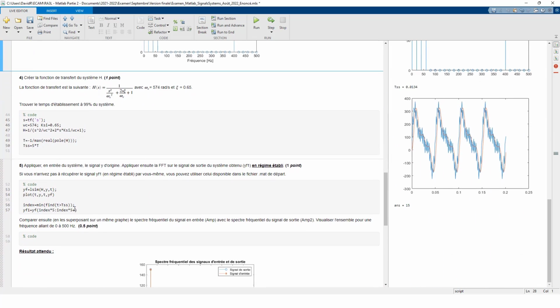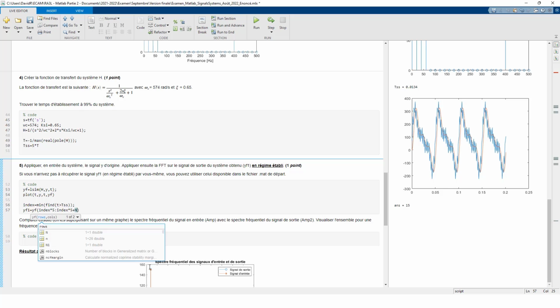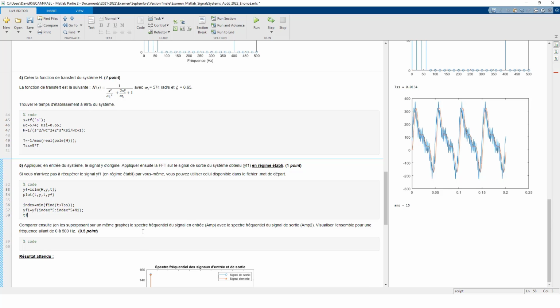Donc, ce que je vais faire ici, c'est garder justement les N1 points, donc depuis index x5 jusqu'à index x5 plus N1, simplement pour être certain de garder le nombre de points pertinent pour avoir un fenêtrage sur une période, et on va évidemment vérifier ça tout de suite ensuite.